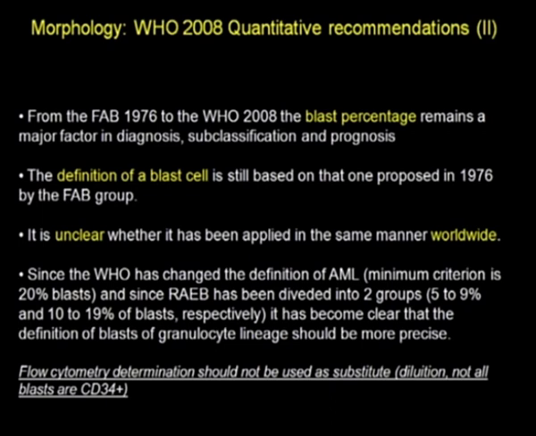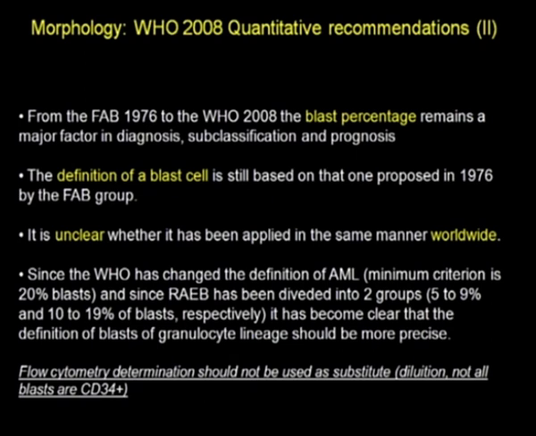From the FAB classification, which started in 1976, the blast percentage remains a major factor in diagnosis, subclassification, and prognosis of hematologic malignancies. The definition of the blast cell is still based on the one proposed by the FAB group, but it's really unclear whether this methodology has been applied in the same manner worldwide.